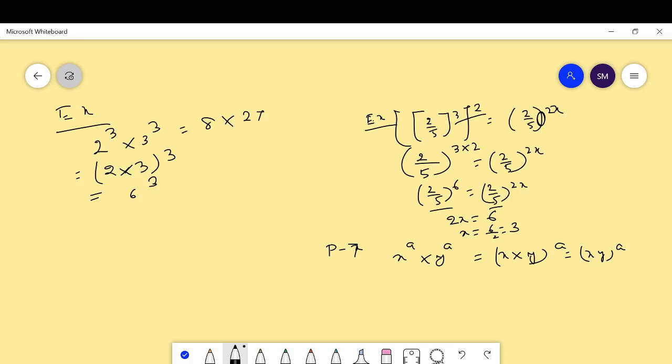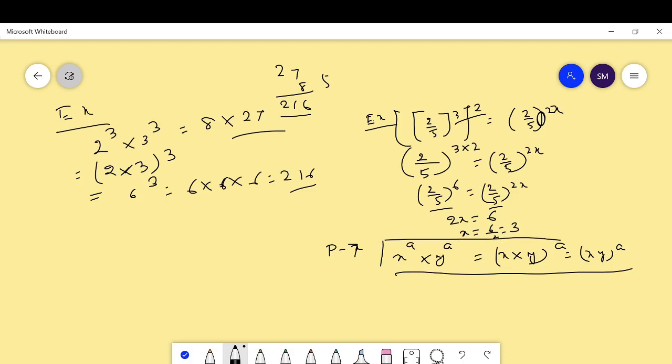When we multiply 27 into 8, what do we get? 216. In this case, 6 into 6 into 6: 36, 6 sixes are 216. Okay, you get this. This is the property of exponents when the bases are different but the exponent is same. In this case we can apply this formula.